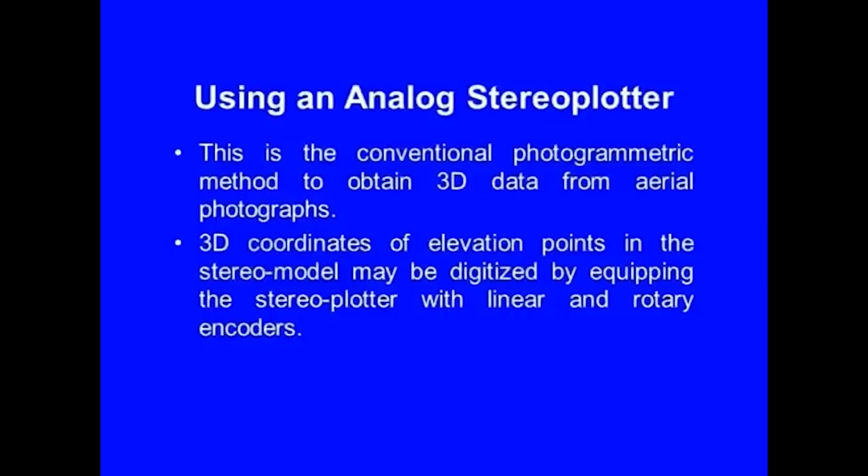So, let us look at data collection using an analog stereo plotter. This is a conventional photogrammetric method to obtain 3D data from aerial photographs. 3D coordinates of elevation points in the stereo model may be digitized by equipping the stereo plotter with linear and rotary encoders.